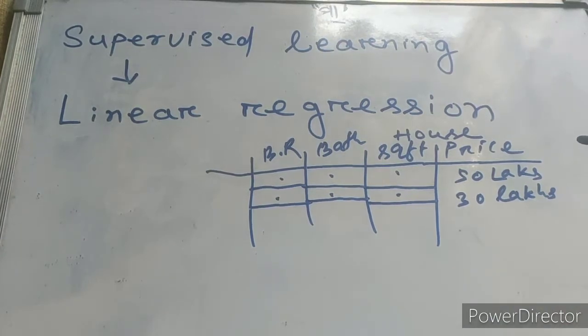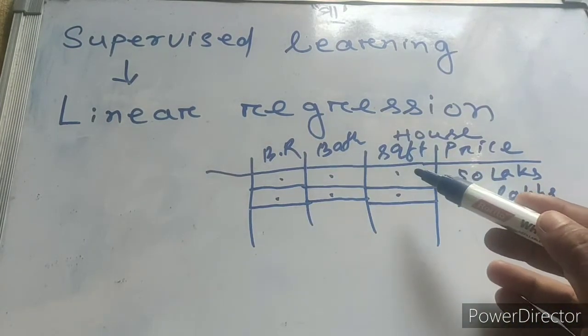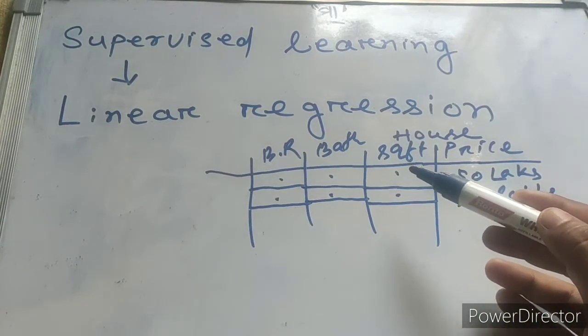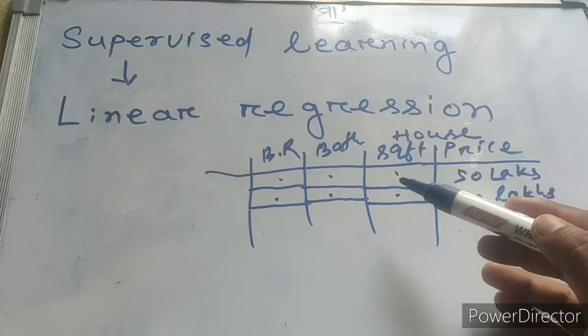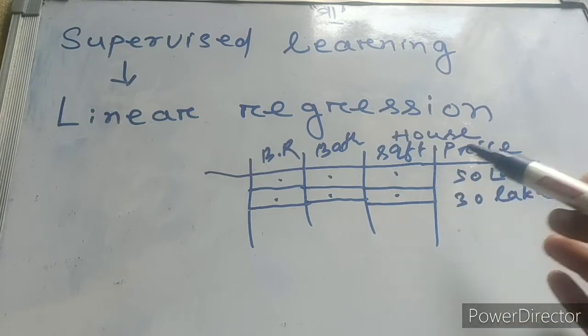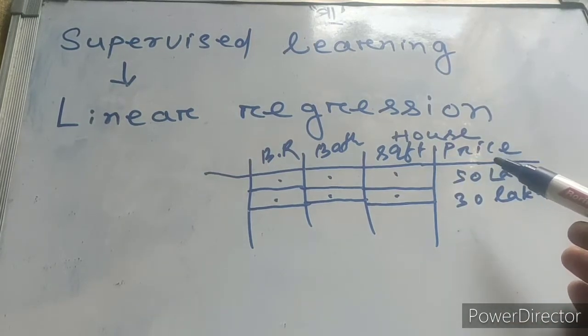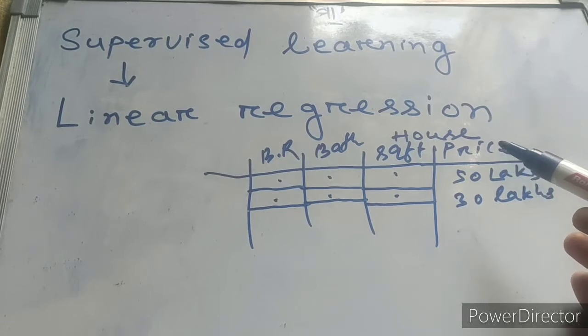So as we can understand, all these, bedroom, bathroom, square foot of the house, are known as independent features. They can change independently. But the price column, the output, is not an independent feature. It is called the dependent feature.